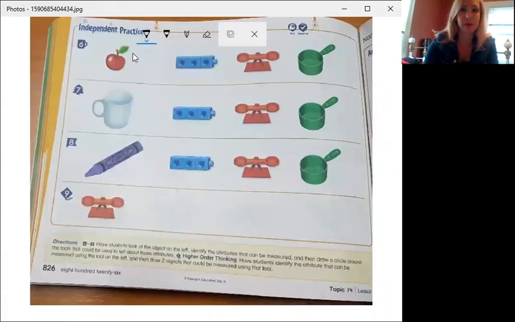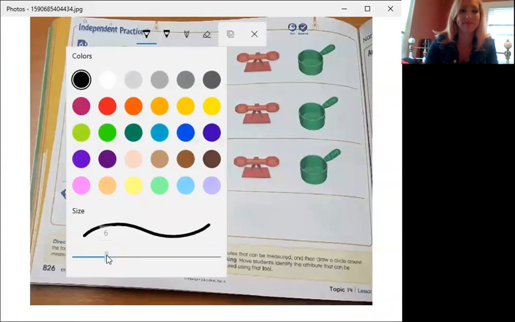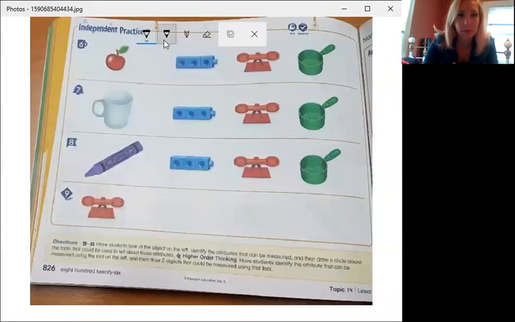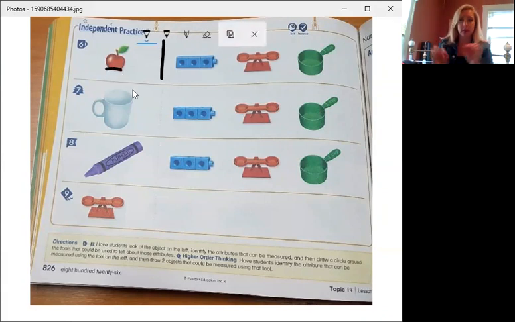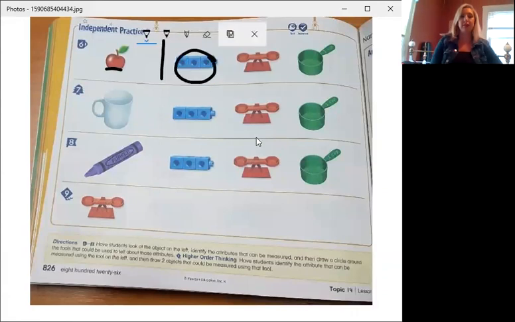Okay, just gotta get my pencil. All right, let's see. What about the apple? Can I take my cube train and put on the bottom and measure its length? Yes, yes. Go ahead and circle the cube train.